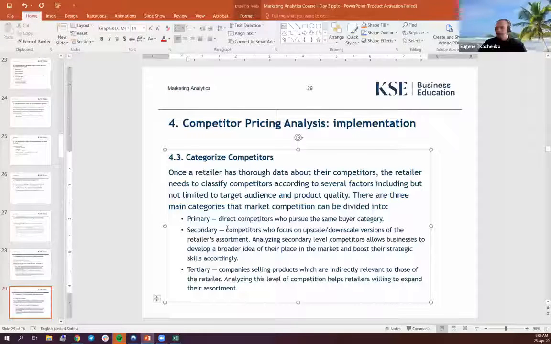The secondary are competitors who focus on upscale or downscale versions of the retailer assortment. So basically the products or the flexibility in the product offering, whether you have some sort of tiered approach. So for example, you operate in a software as a service business.